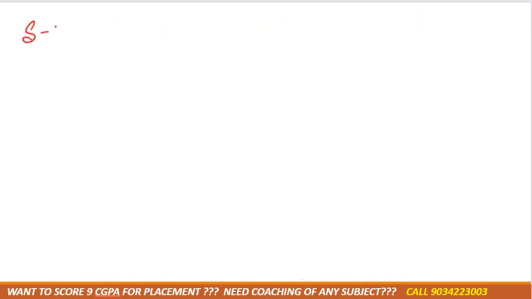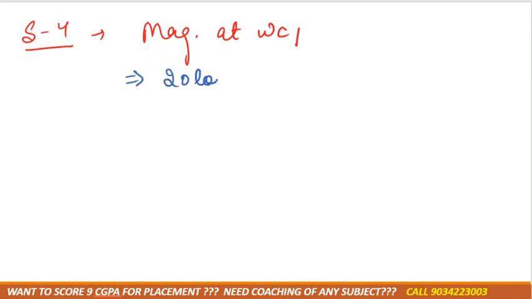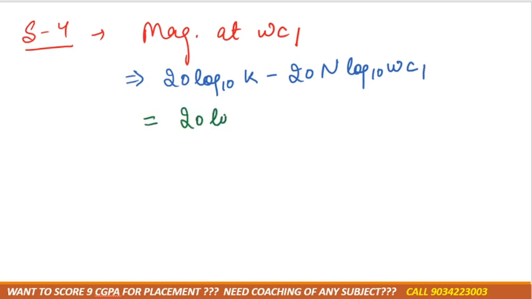So our next step, step number 4, we need to calculate magnitude at omega c1, right? So its formula is 20 log base 10 K minus 20 N log base 10 omega c. 20 log base 10 K is how much?